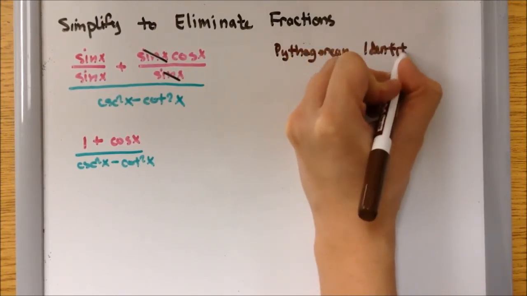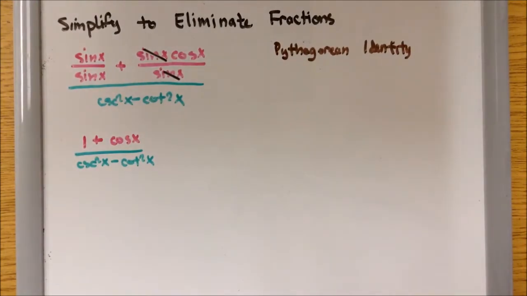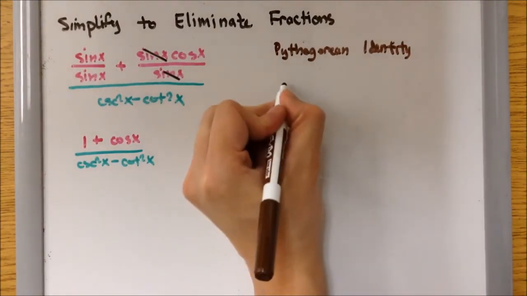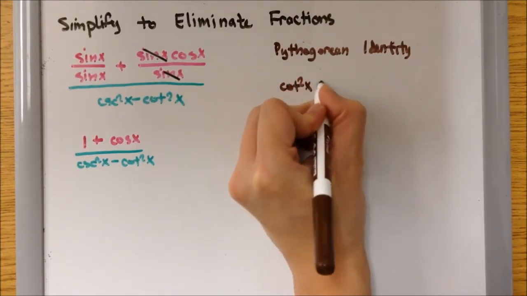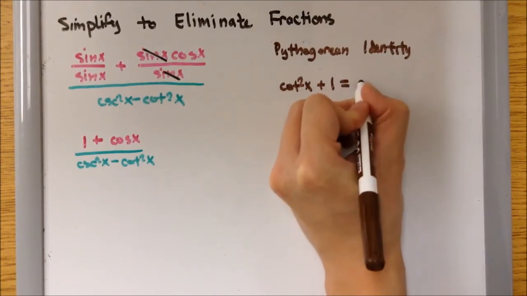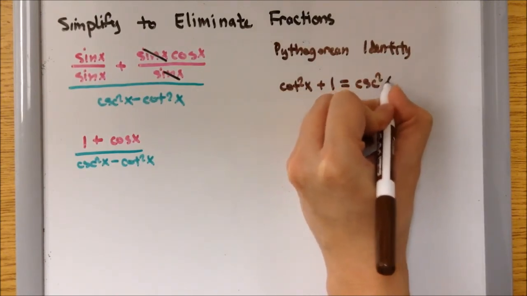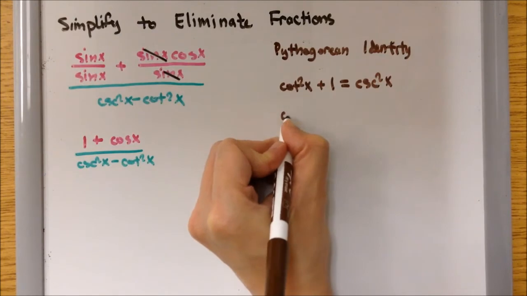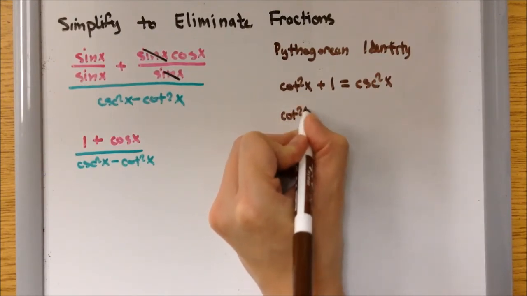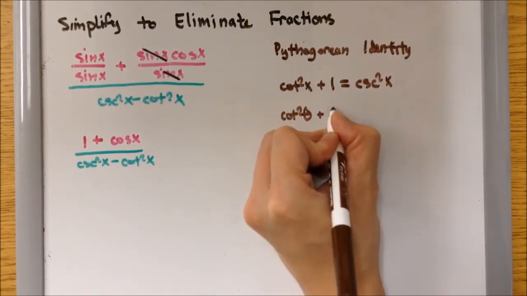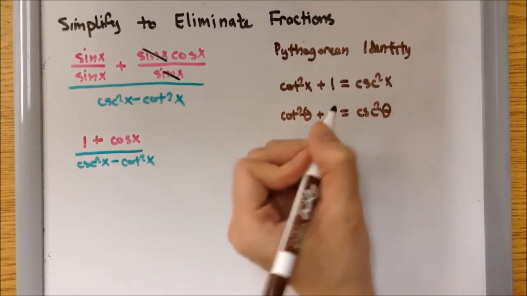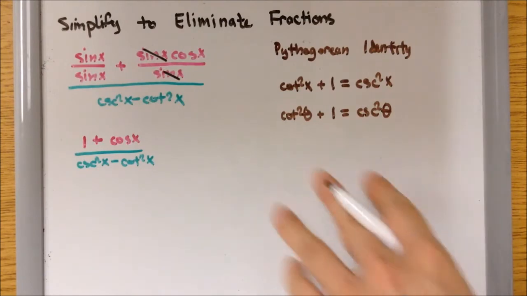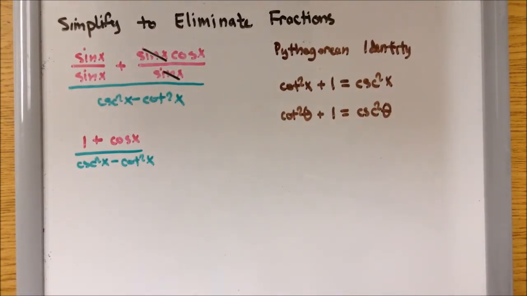The Pythagorean identity, the one that used cosecant square x and cotangent square x, would be cotangent square x plus 1 equal cosecant square x. Now it's the same thing if you were to write it as cotangent square theta plus 1 equal cosecant square theta. So it's the same thing, but one uses theta and one uses x. It's the same function, same operation.